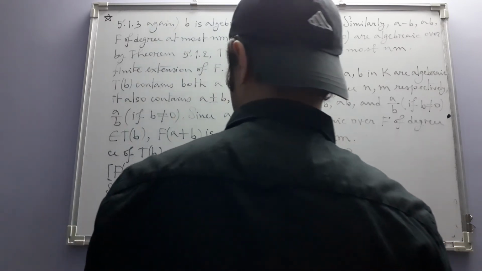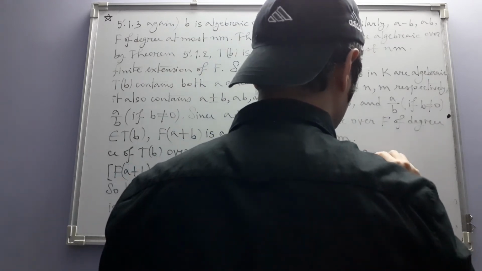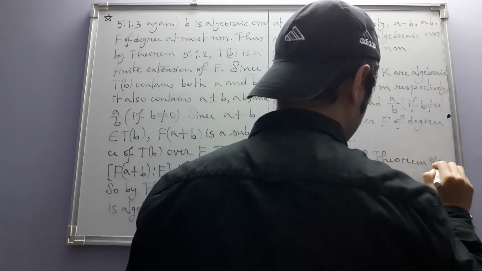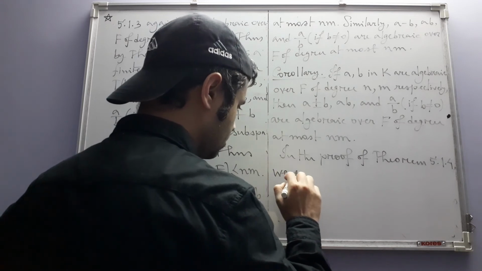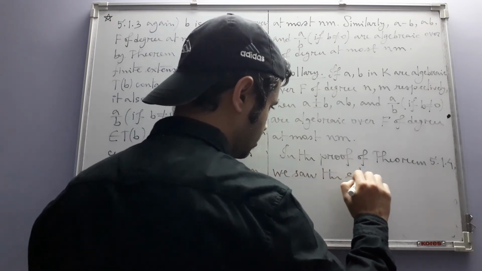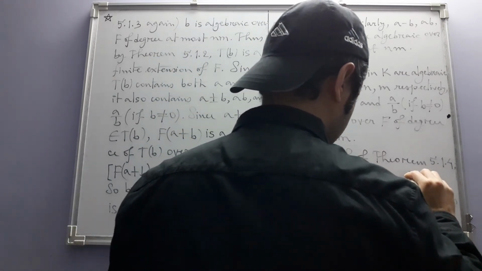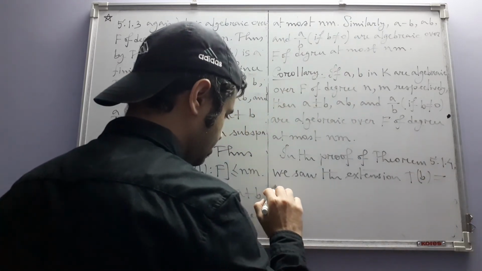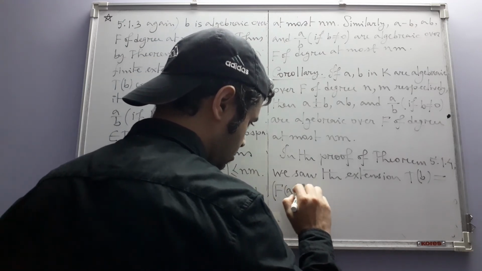In the proof of this theorem 5.14, we saw the extension TB, which is FA(B).